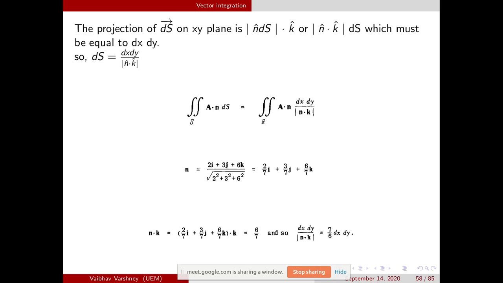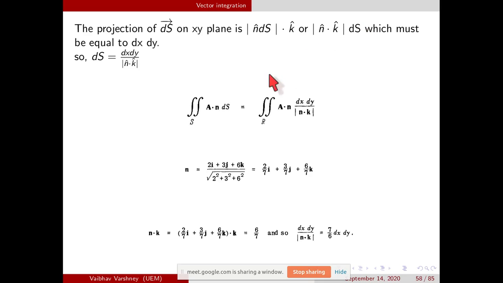Okay, just put these two terms equal. Write n cap dot k cap times ds is equal to dx dy, and then you will get ds is equal to dx dy upon n cap dot k cap. Now got it? Yes, sir.